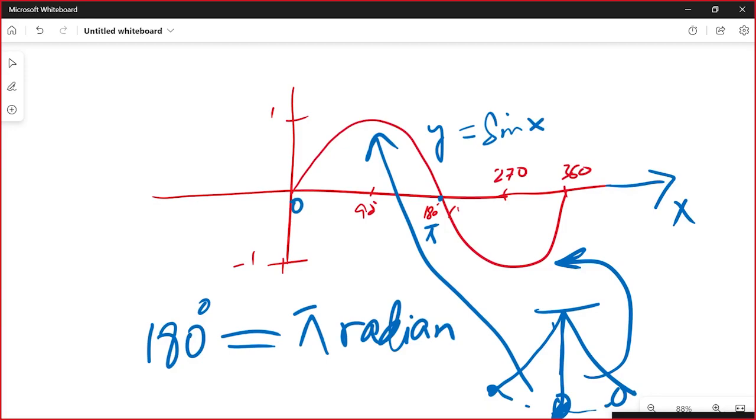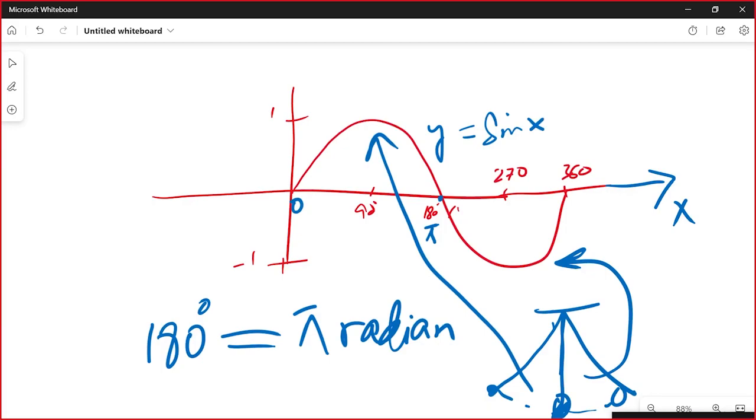In high school or earlier school, you have been taught degrees, and perhaps in year 11 you start learning something else, which is radians. It's like temperature: do you know the different temperature scales? Like Celsius and Fahrenheit.